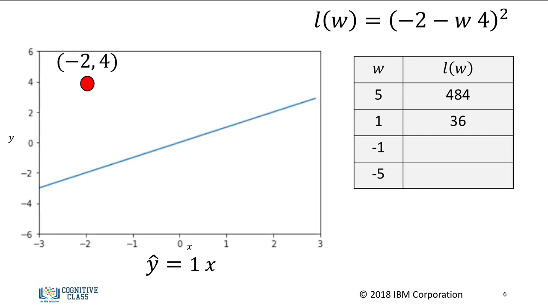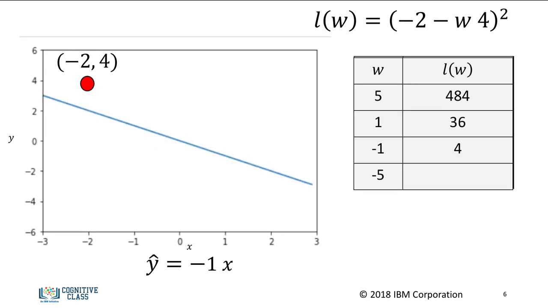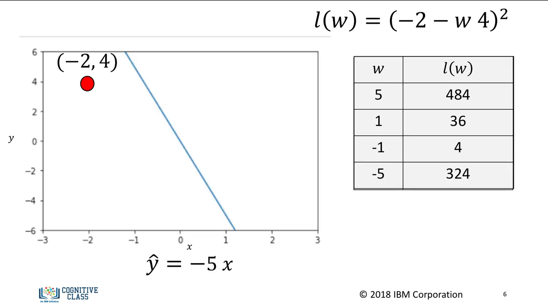If we use a parameter value of 1, our loss is 36. Our line gets closer to the data point. If we use a value of the parameter of -1, our loss is 4, and our line is extremely close to the data point. Finally, at 5, our line diverges, and the value of our loss is 324.